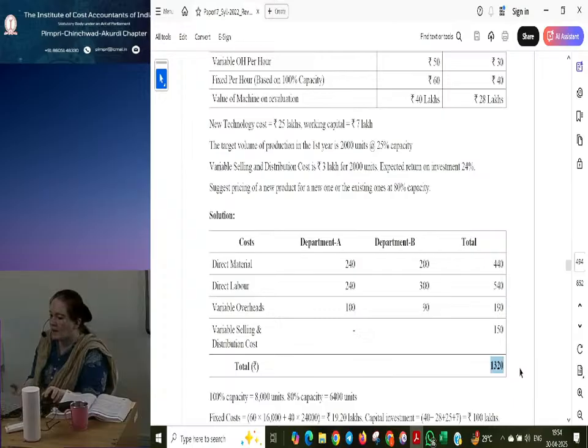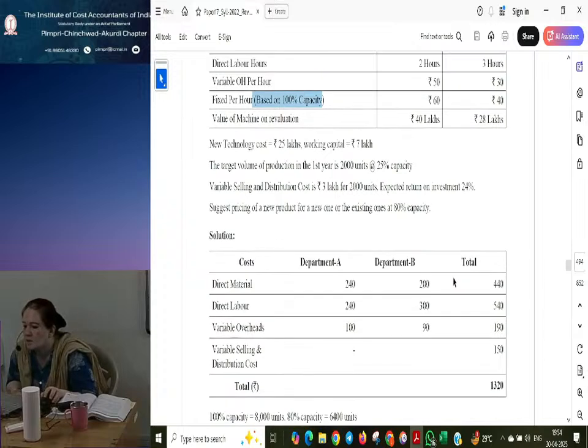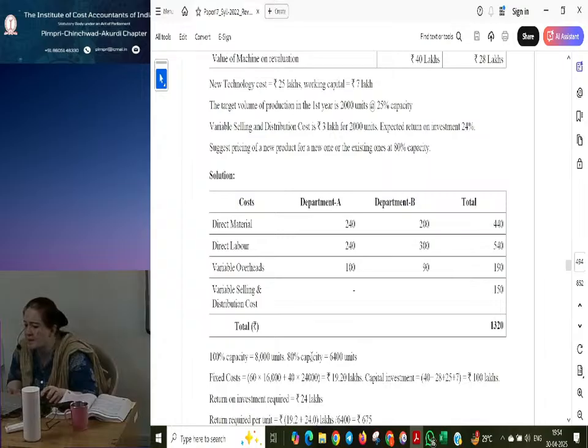Now coming to 100% capacity, we are going to target 80% capacity. For 100% capacity, the fixed cost per hour is 60 rupees and 40 rupees. 80% capacity is 6,400 units.